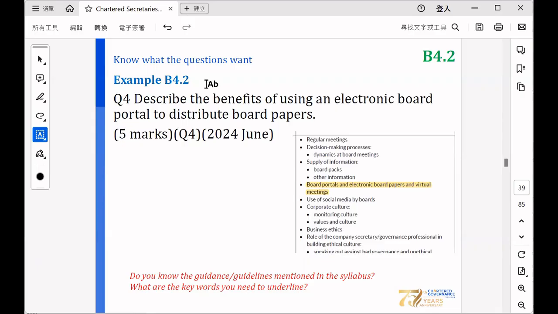This is not a very difficult question on the electronic model.